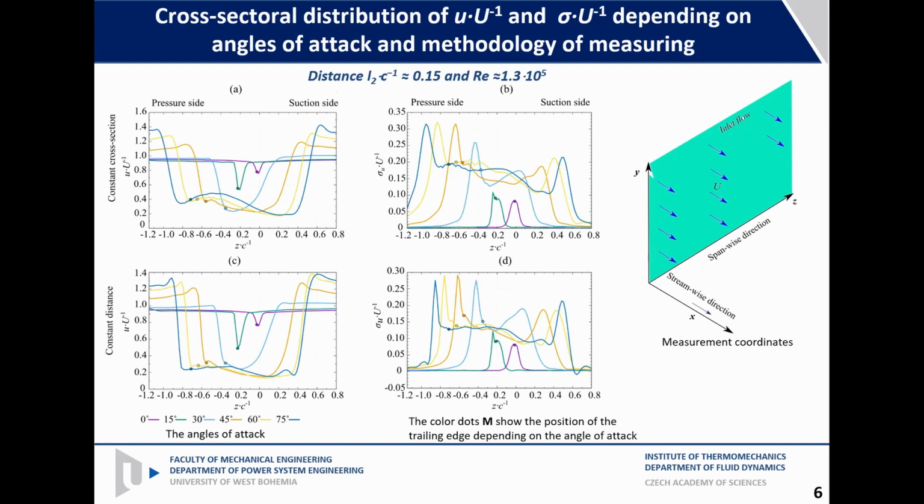Now, for the experimental investigation by hot wire, we used a 55P15 probe, and we obtained distributions of normalized velocity and standard deviation depending on the angle. We can observe somewhat similar distributions, but if we look more precisely, we can detect that at constant distance we have lower wake dimensions.